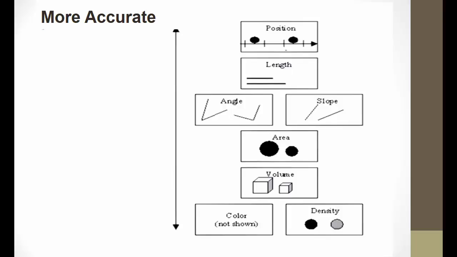So when you are trying to choose your chart type, what this implies is that you always put your most important variables, the ones that matter the most, on your x and y axis, because humans are really good at perceiving position.